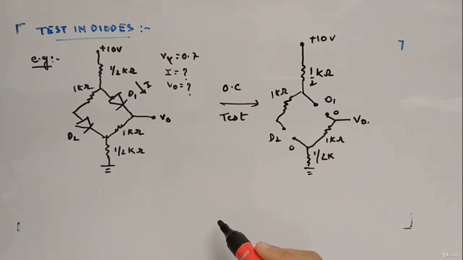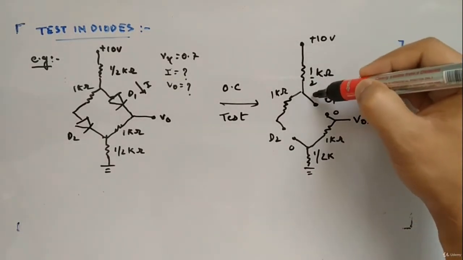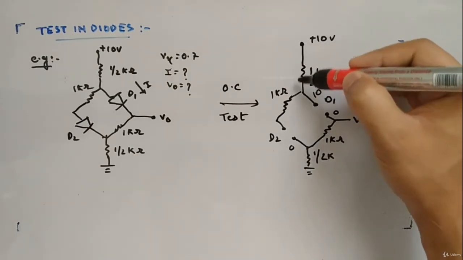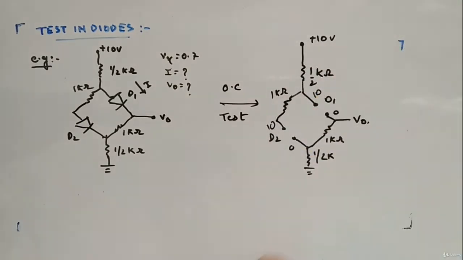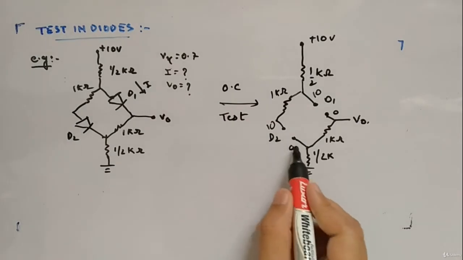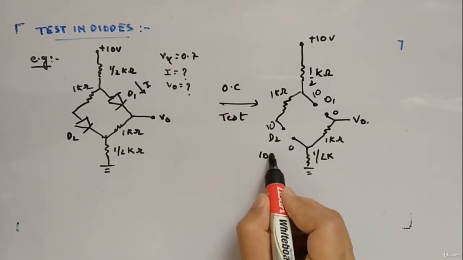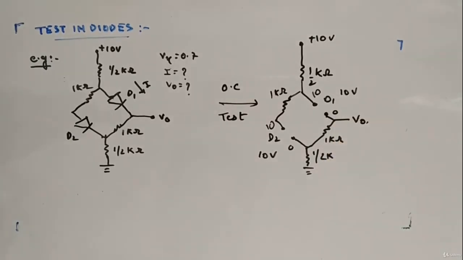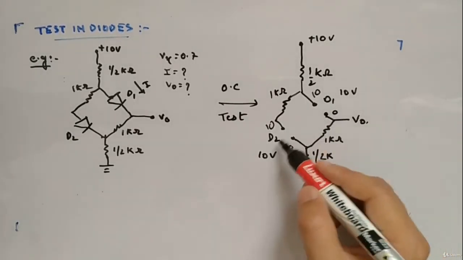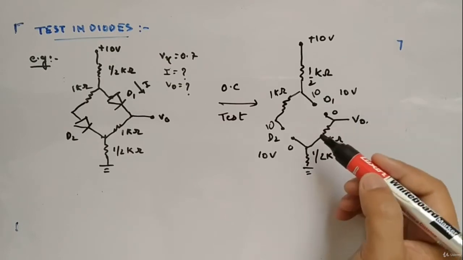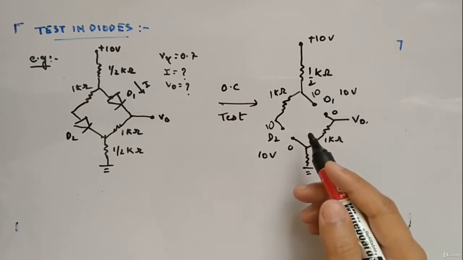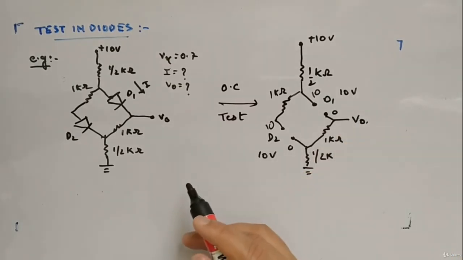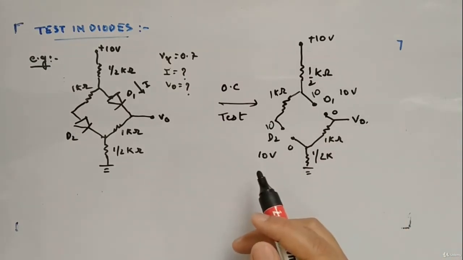Here, this is connected to 10 volt and this is also connected to 10 volt. So you can see the voltage across this diode is 10 volt and across this diode also it's 10 volt. Means out of these two, nobody has a greater value, so one will not get on first or the other off first.